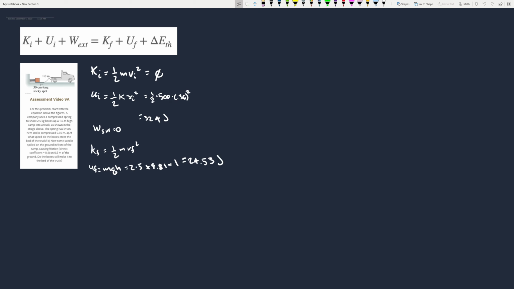Joules. So now we can plug all of these values into both sides of the equation, and we'll have 0 plus 32.4, that's our initial potential energy, plus 0, is equal to 1/2 times mass times velocity final squared plus 24.53. Simplifying this, we can isolate our variables.